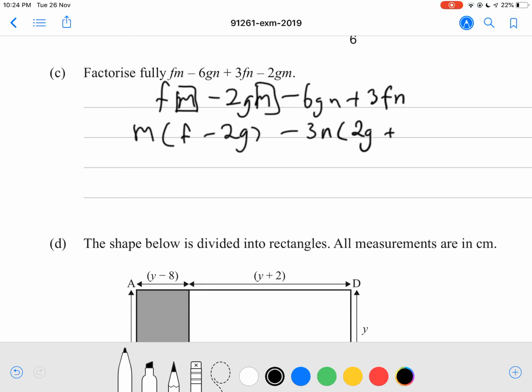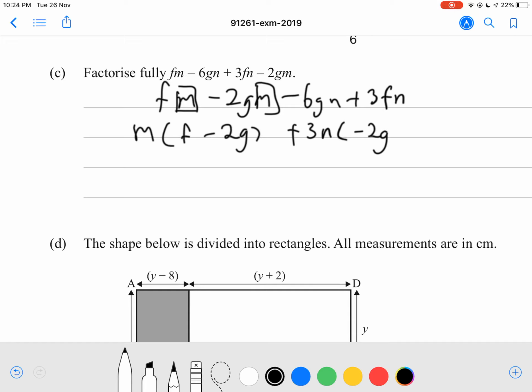Negative 3n, so that's negative 6gn, yep. So I think the best thing here is plus 3n actually, because we want to make this and this the same in order to factorize. So if we do plus 3n here, then this will become negative 2g. Negative 2g times 3n is negative 6gn, yep.